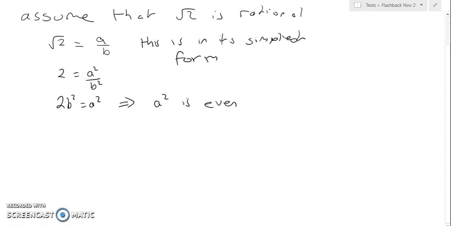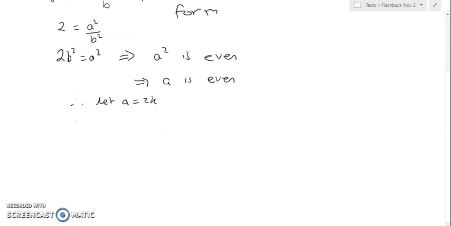And in 7a, we showed that if a squared is even, then this implies that a is also even. Okay, so therefore let a equal 2k, because it's even, we can write it as a multiple of 2. So now we've got 2b squared equals 2k all squared.